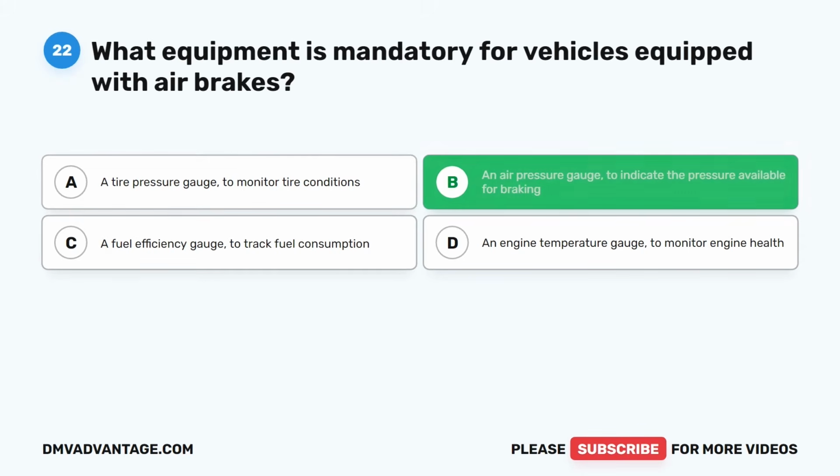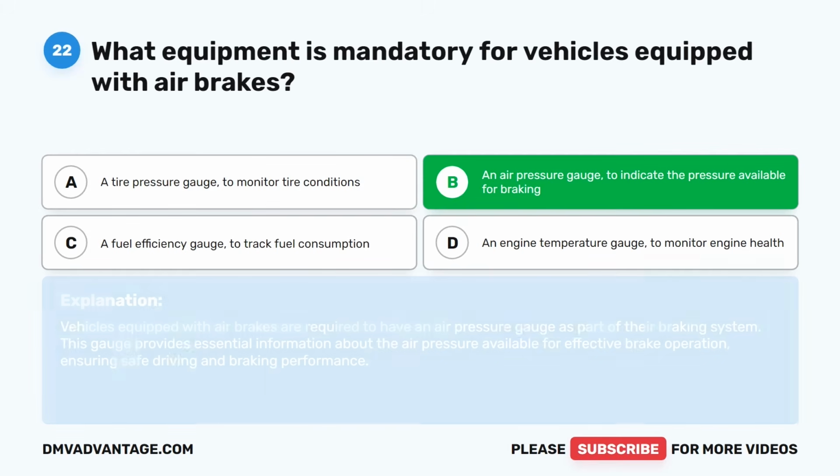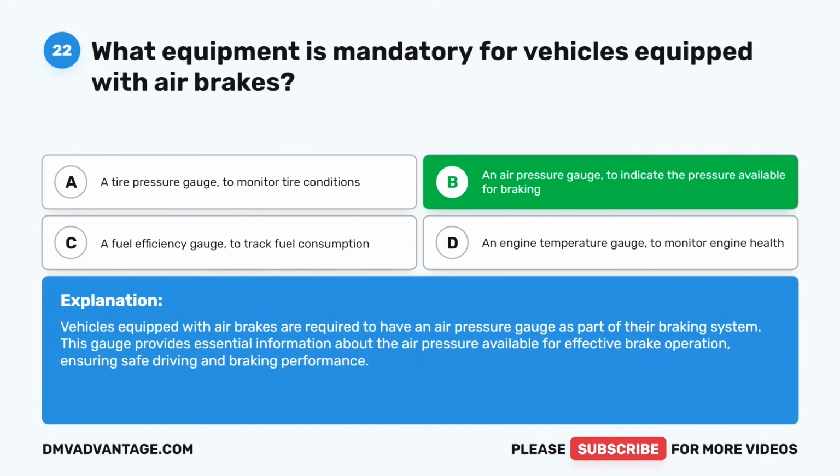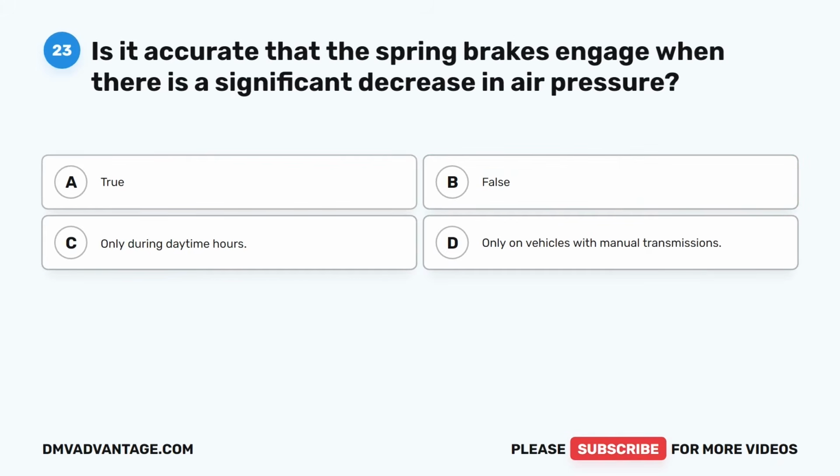The correct answer is B, an air pressure gauge to indicate the pressure available for braking. Vehicles equipped with air brakes are required to have an air pressure gauge as part of their braking system. This gauge provides essential information about the air pressure available for effective brake operation, ensuring safe driving and braking performance.